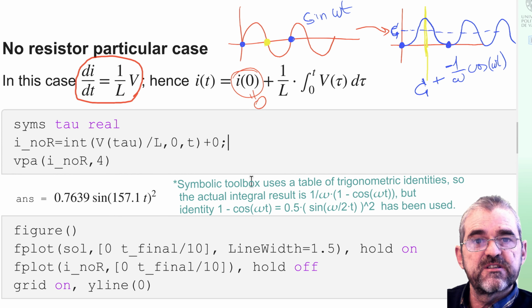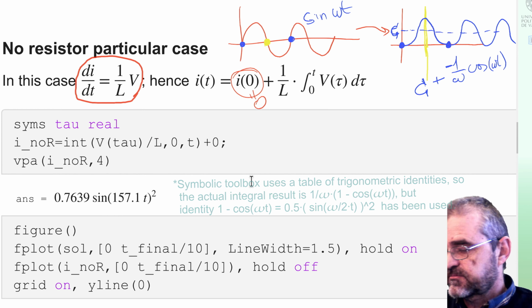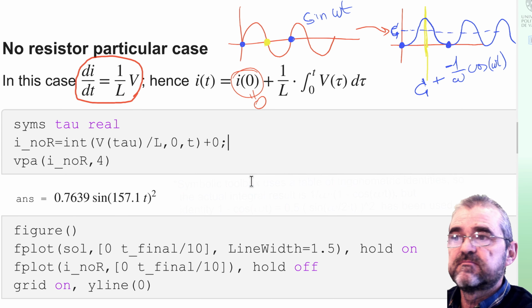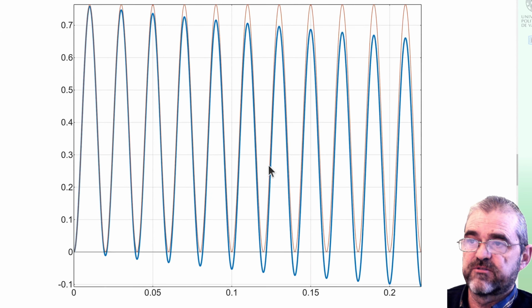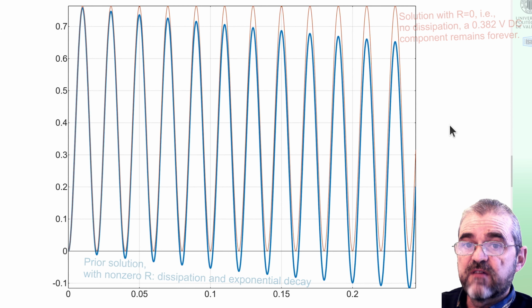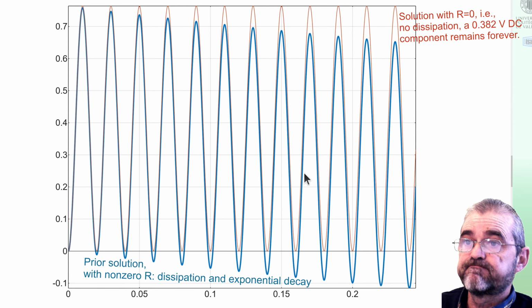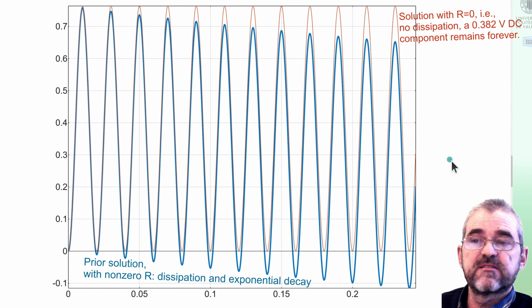The only thing I wish to understand is the plot. So if I plot it superimposed to my prior solution, then here I have in red the no dissipation solution, which has a constant DC component of 0.38 or something like that.